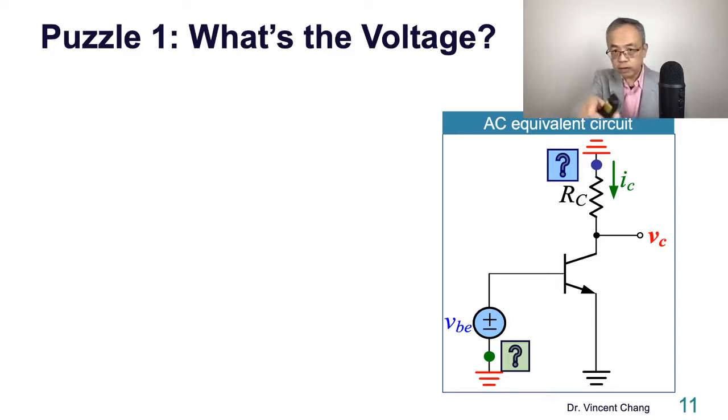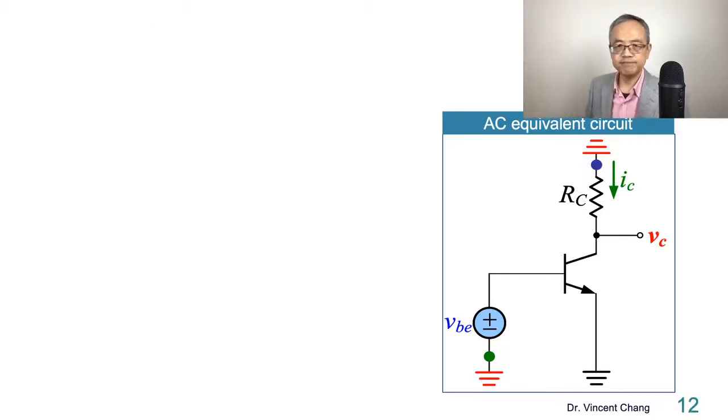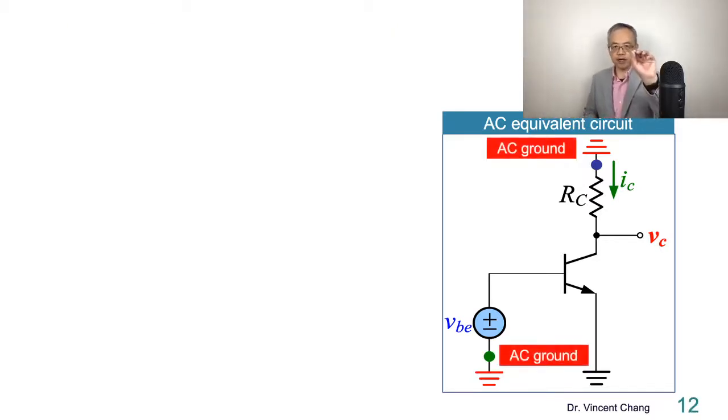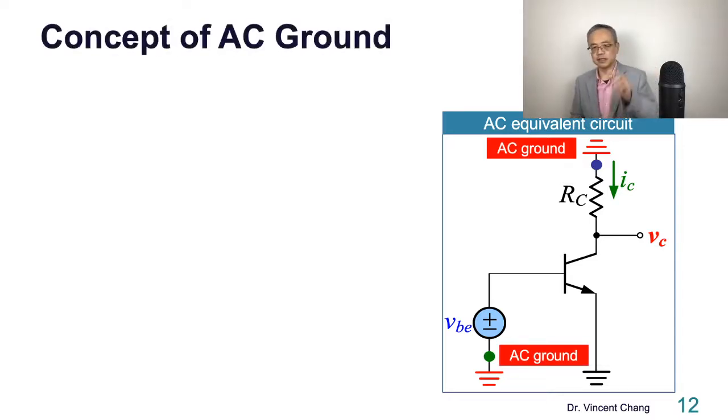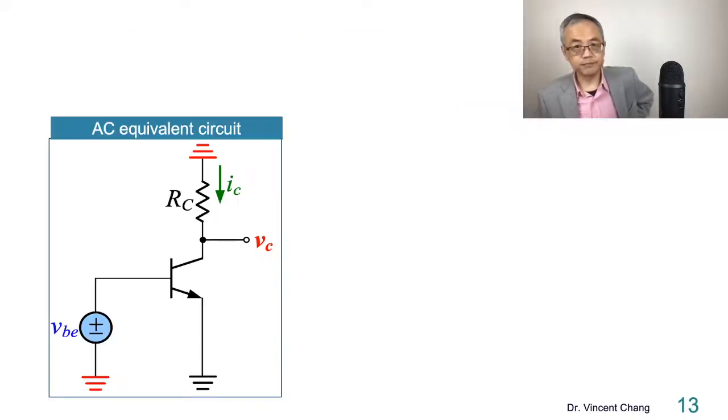And why is it now grounded? Because that is the condition when the DC component has been removed. This type of ground is called AC ground. A very important concept when it comes to small signal analysis. The concept of AC ground, the first puzzle.